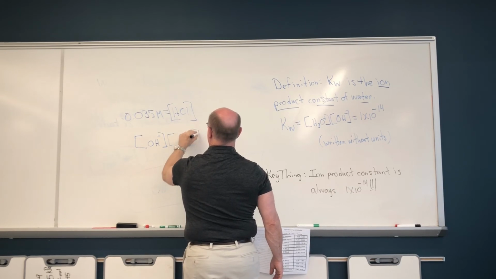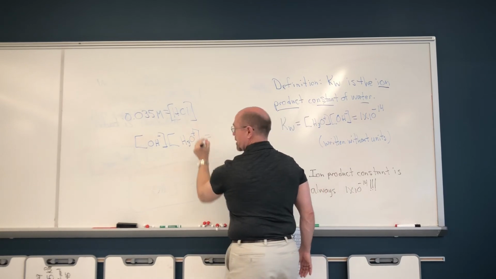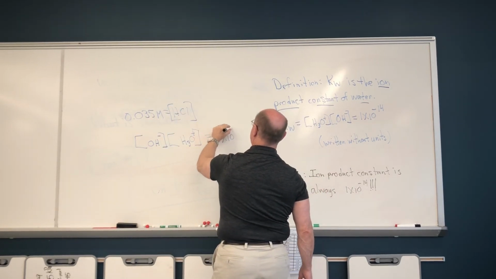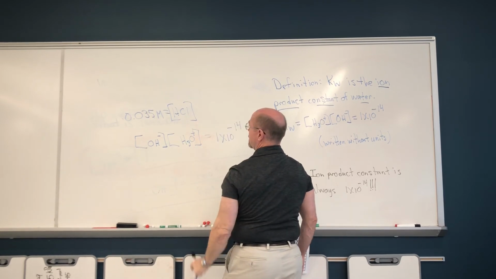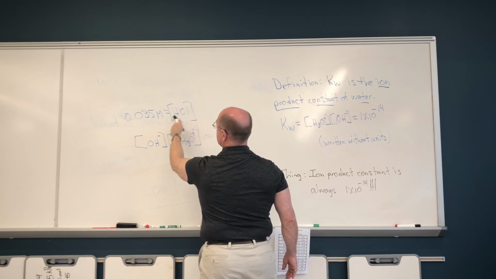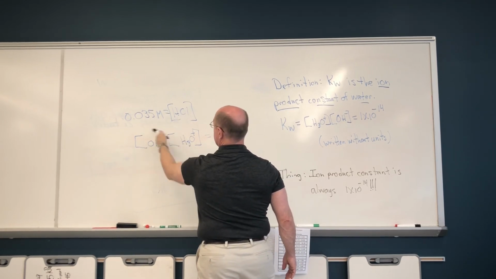Remember, it's a strong acid, so it 100% dissociates. Okay? And that's got to be 1 times 10 to the minus 14. Since this has 1 hydrogen per compound, the concentration of the hydrogen ions, which is the same as the hydronium ions, has to be the same.